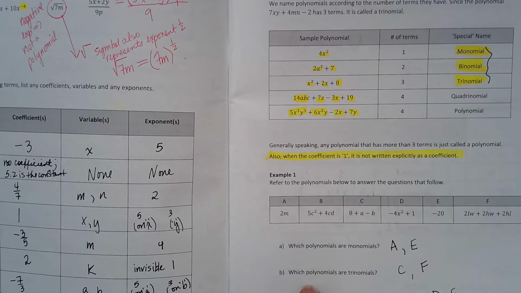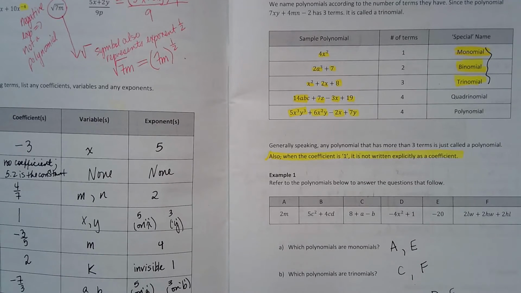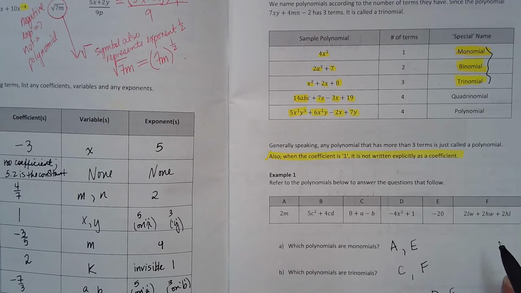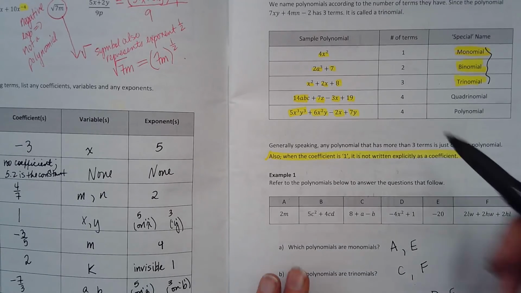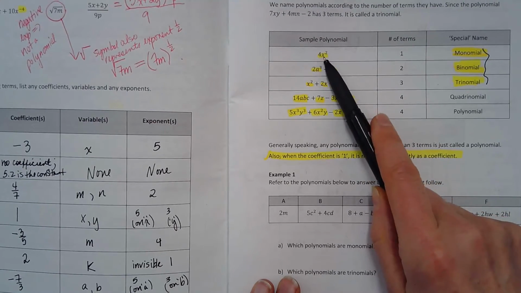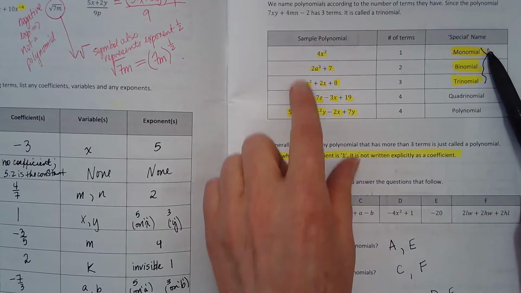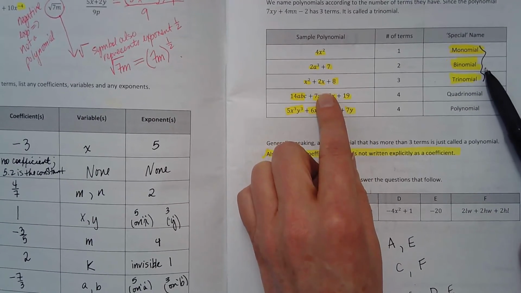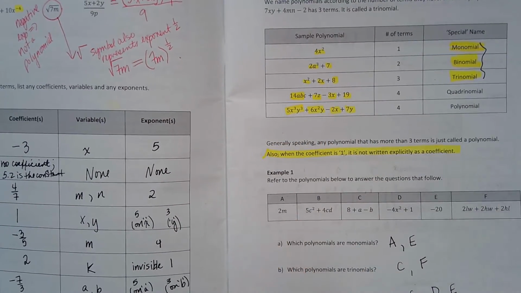There's no limit to the size of a polynomial. I mean, a polynomial could have 1,000 pieces to it. We don't see those in math class. We're usually restricted to the numbers, but a one-term polynomial is called a monomial. If there's two, it's binomial, three, trinomial. After that, we just call them a polynomial.